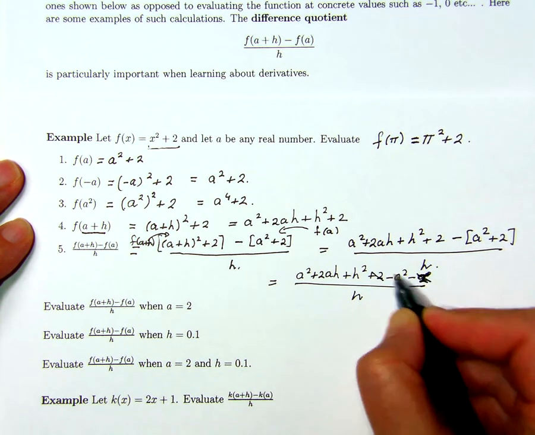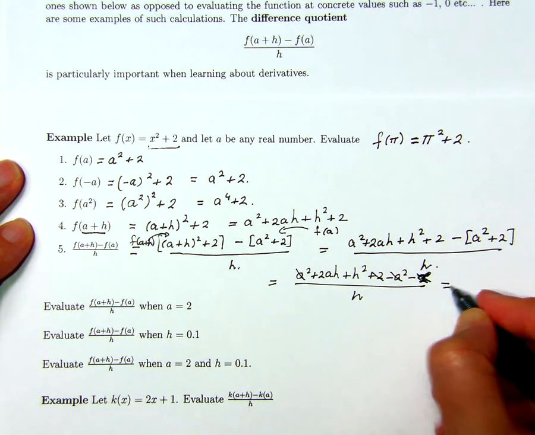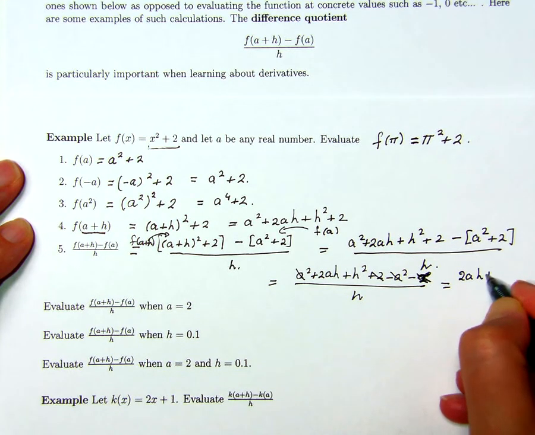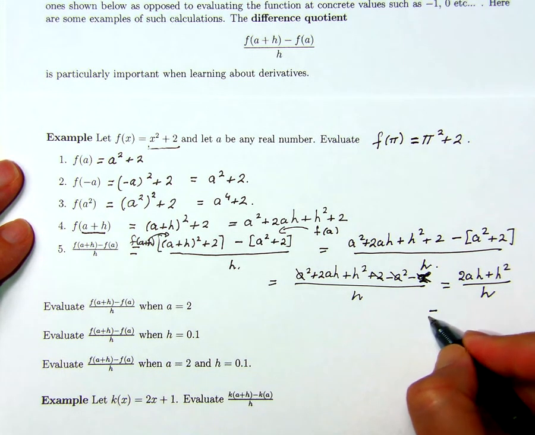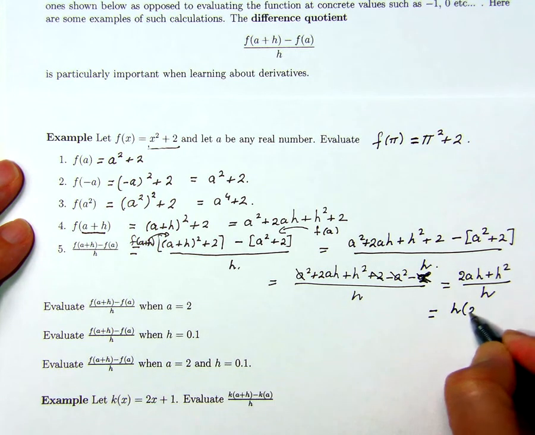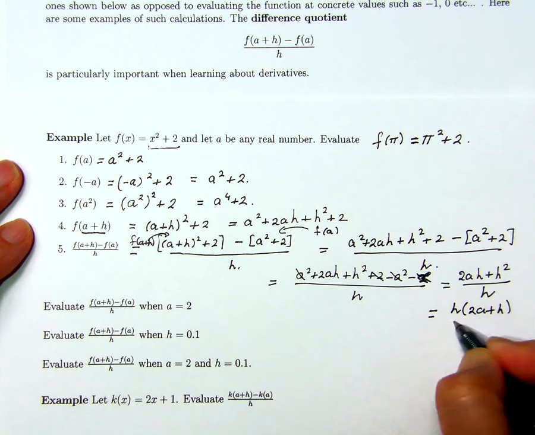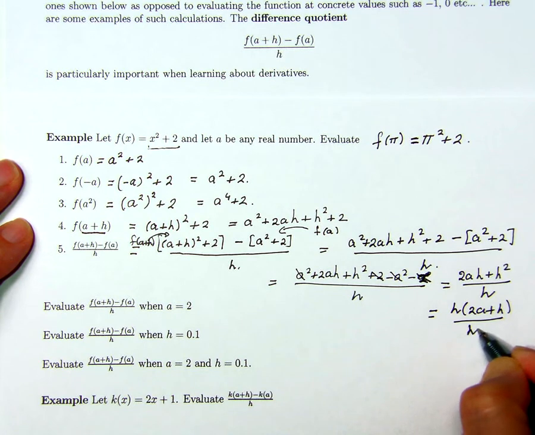Those 2's cancel, the a squared cancels, and that's 2ah plus h squared over h. And I can go a step further here. I can pull out an h there: 2a plus h times h over h.